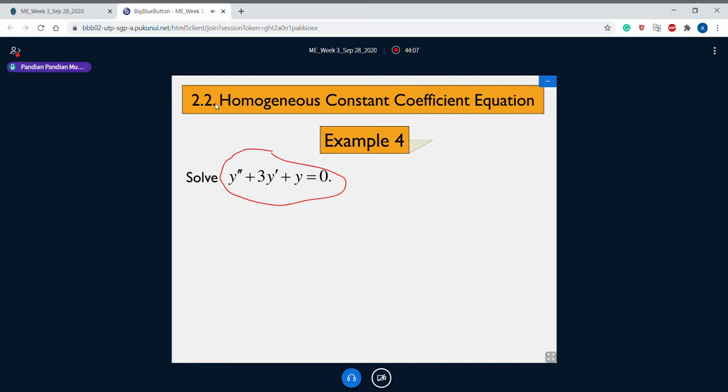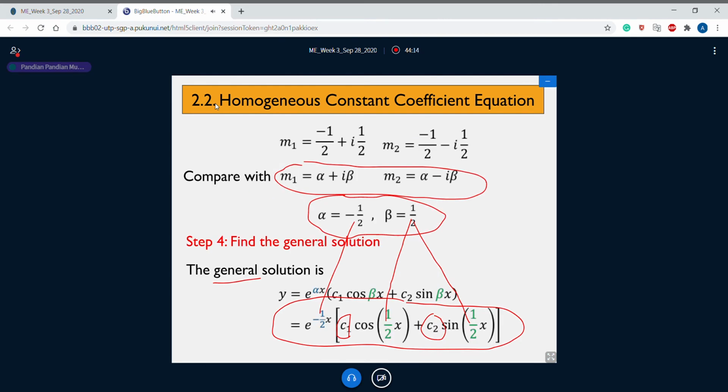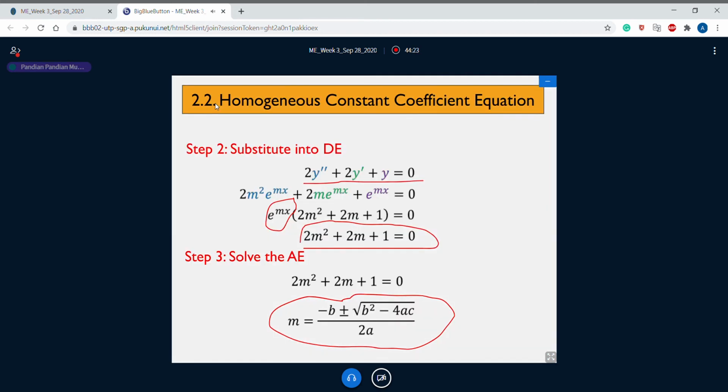So any questions so far on homogeneous constant coefficients? Any question, class? You can refer to any notes, any reference book for more problems.